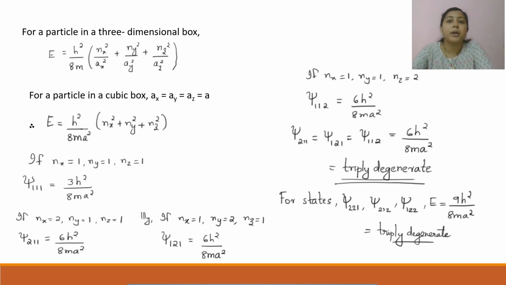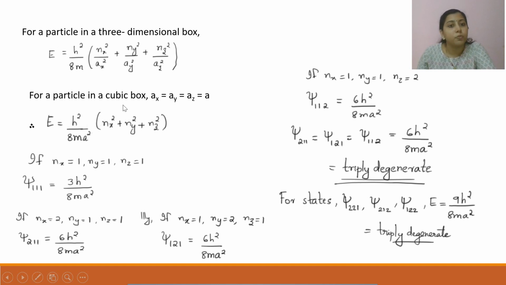While solving the particle in a three-dimensional box, we got the energy level expression as E equals h square by 8m, nx square by ax square plus ny square by ay square plus nz square by az square. This is for a particle in a rectangular three-dimensional box.